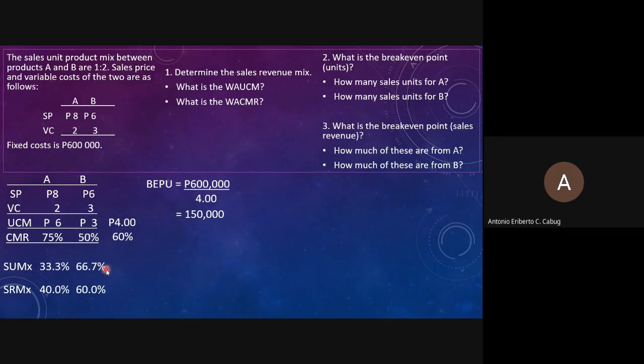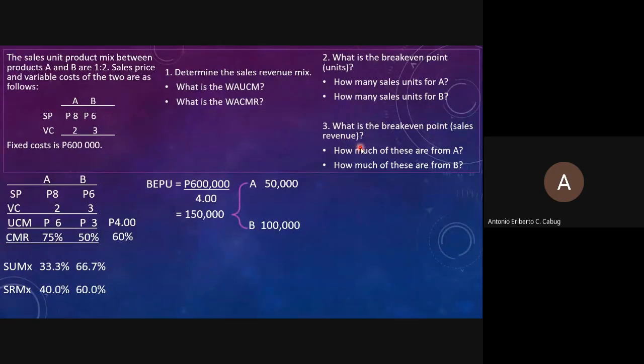Ilang porsyento boy? 66.6667%. 150K times 0.333, that's 50K. 150K times 0.6666, that would be 100K. Okay. Now, ito yung tanong ko sa inyo. What is the break-even point in units? Ilang A, ilang boy?